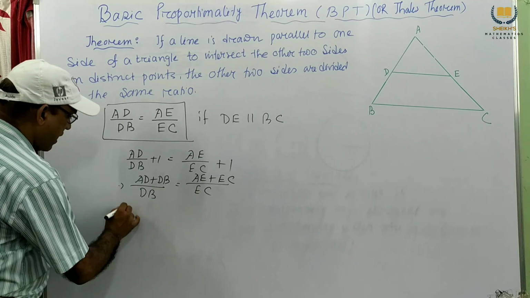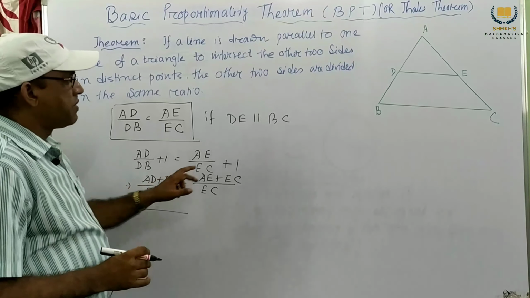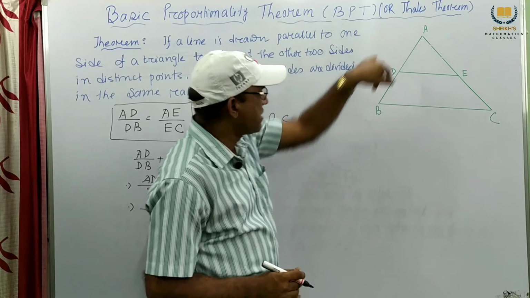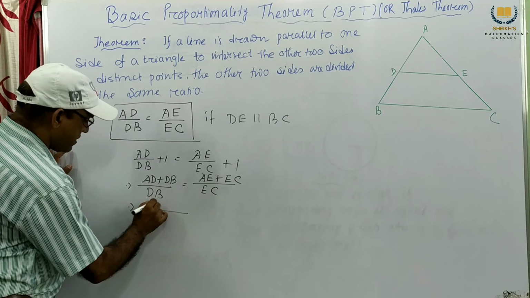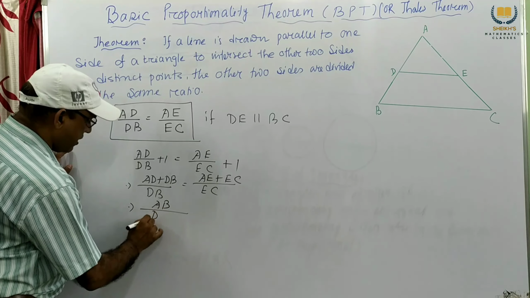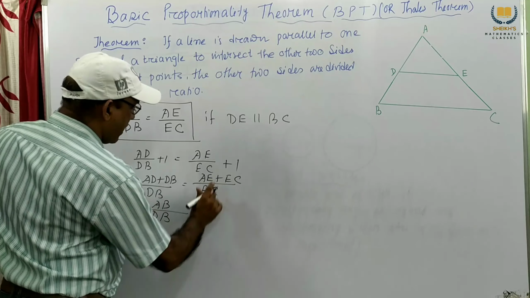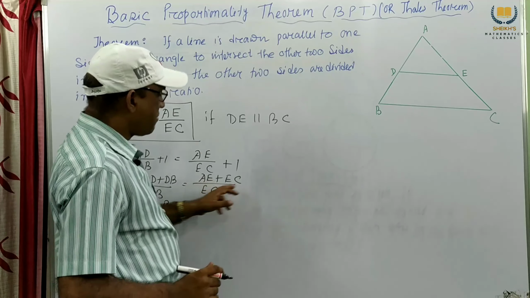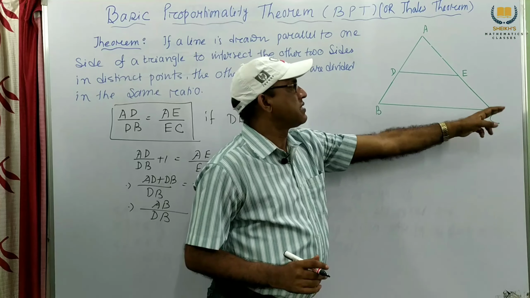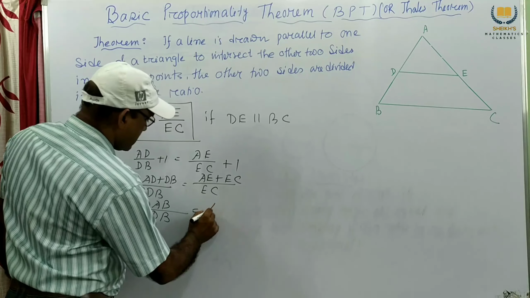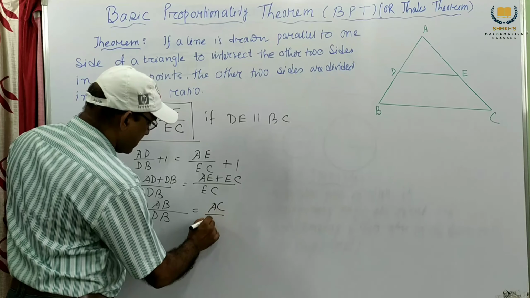AD plus DB means AB. This is AB by DB, and AE plus EC means AC. This is AC by EC.